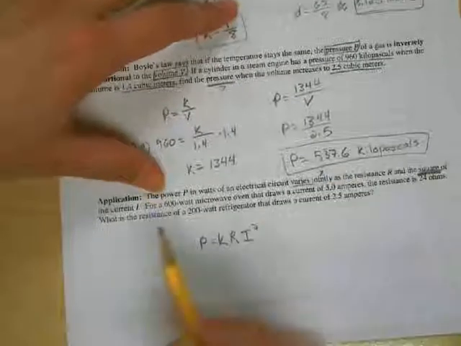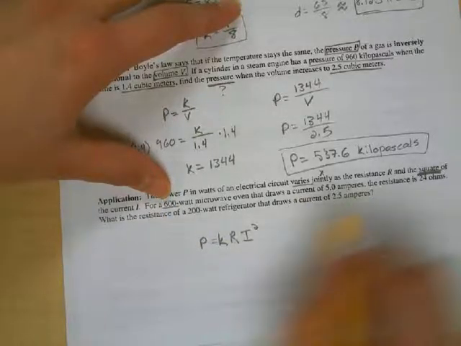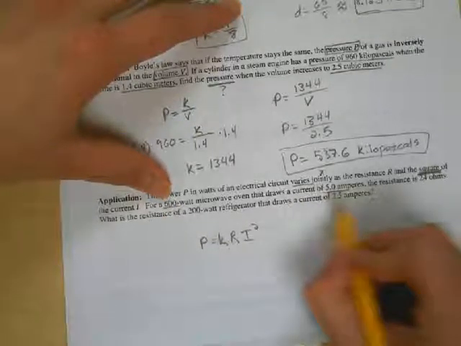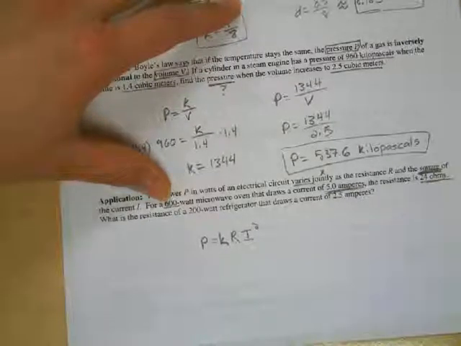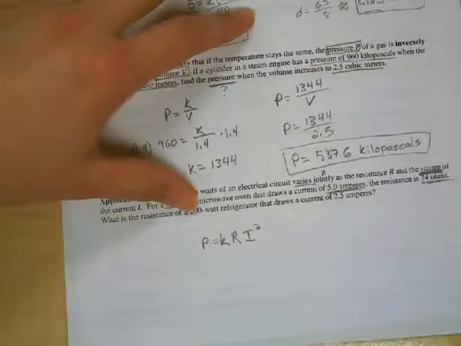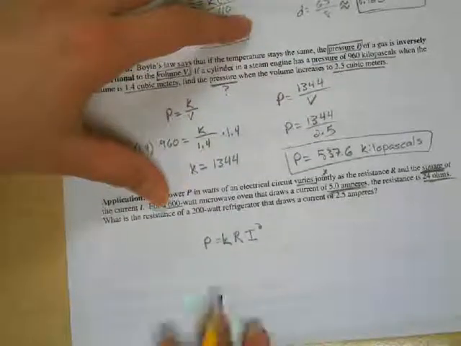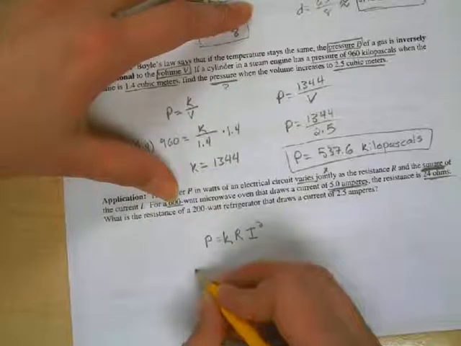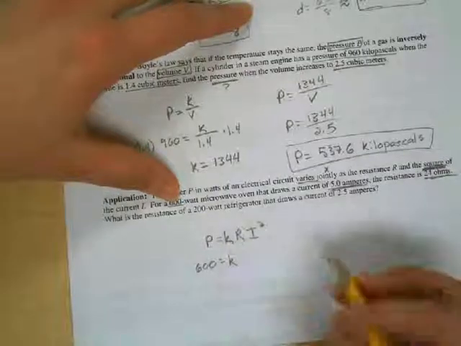A 600 watt microwave draws a current of 5 amps. The resistance is 24 ohms. What is the resistance of a 200 watt refrigerator that draws a current of 2.5 amps? First we have to figure out our constant. 600 watts is the power. We don't know our constant yet.